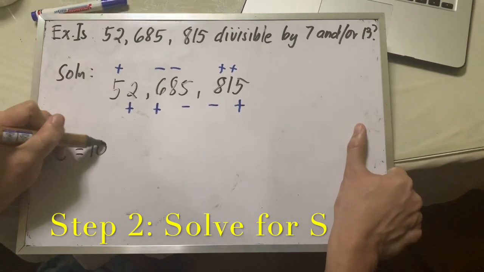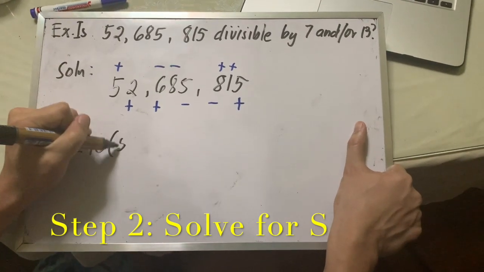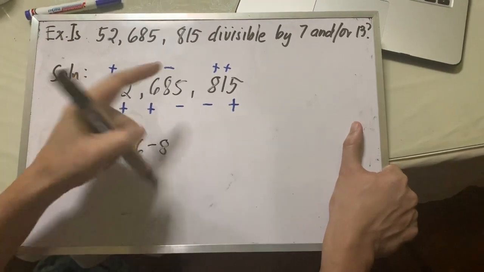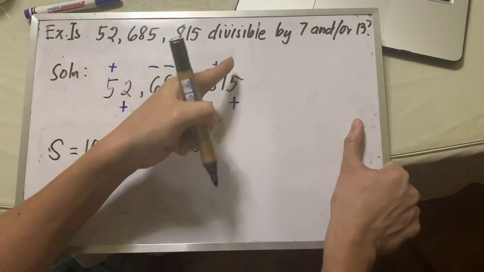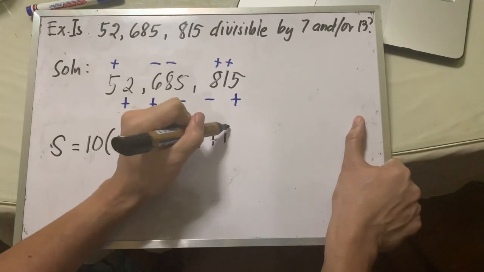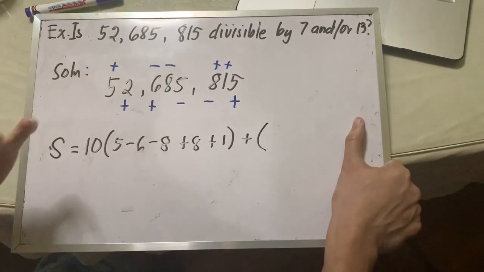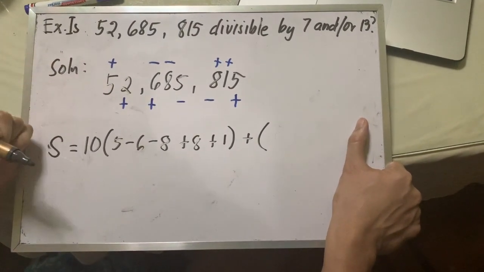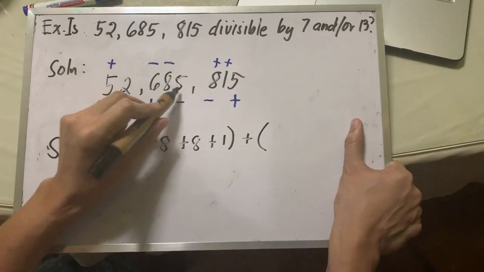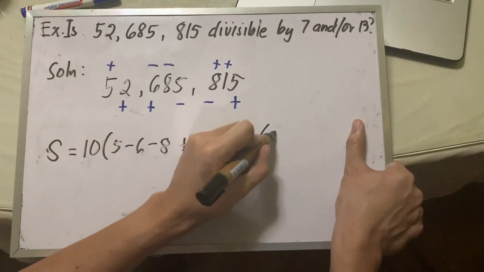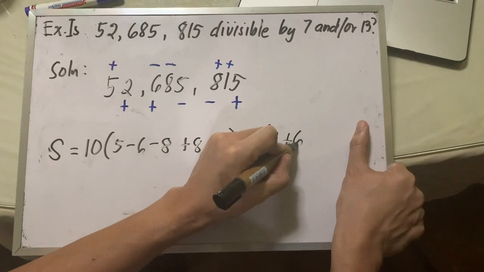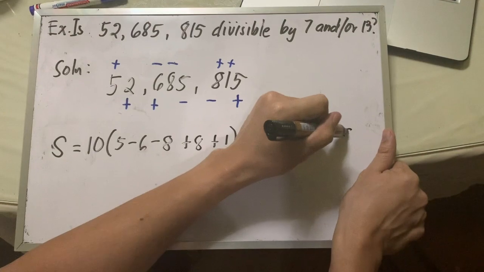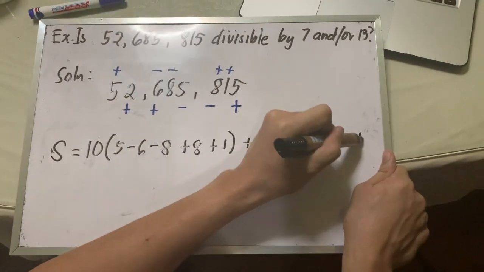So that's 10 times 5 minus 6 minus 8 plus 8 and plus 1, plus the sum of all the digits determined by the signs at the lower part of the number, which are 2, 6, 5, 8, and 5: 2 plus 6 minus 5 minus 8 and plus 5.